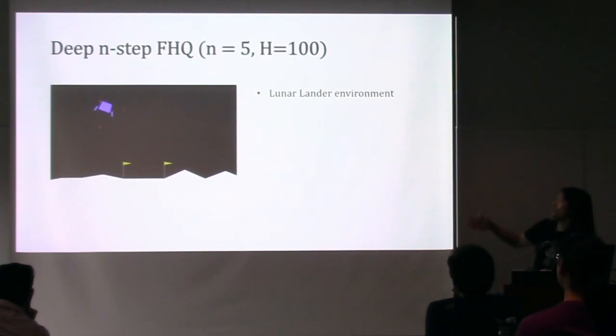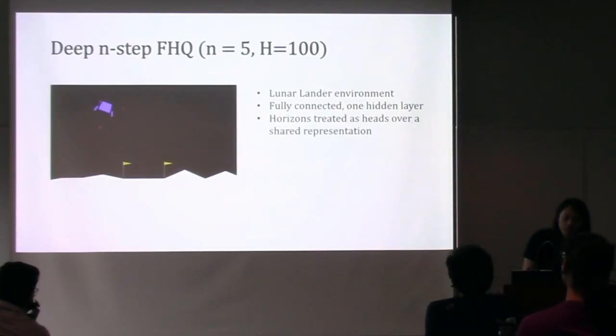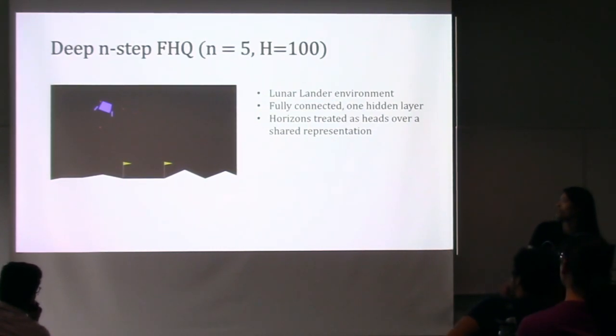So I used n = 5 and predicted up to a horizon of 100, and I used the lunar lander environment. This is fully connected with one hidden layer, and all the horizons were treated as heads over this shared representation. So it wasn't that much more computationally expensive than regular DQN because they're just additional rows in some matrix.